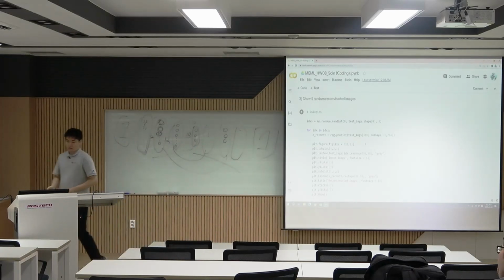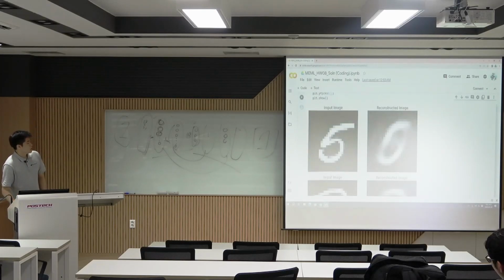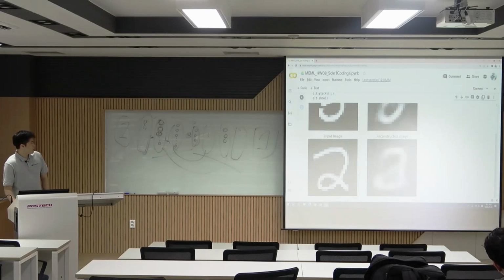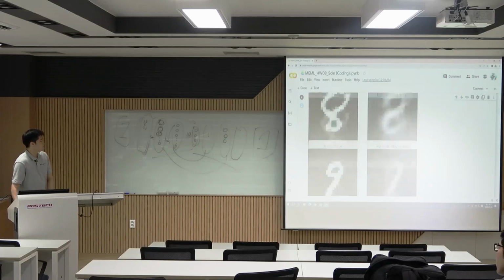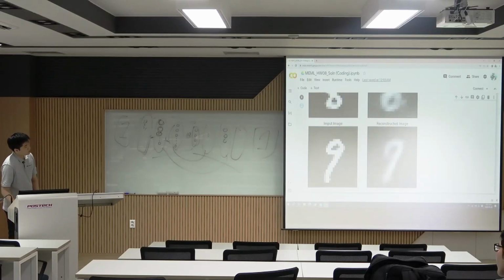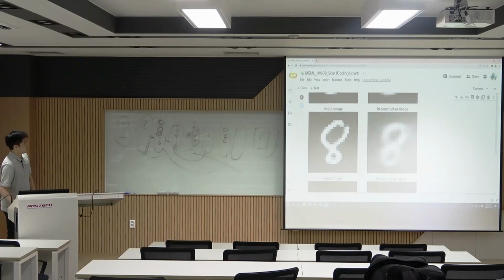So this is choosing a random integer, and we choose an image and put it into our autoencoder. This is the result, and as you see, the reconstructed image is quite blurry and messy, but we still know what number it represents. So I guess the autoencoder is trained reasonably well.